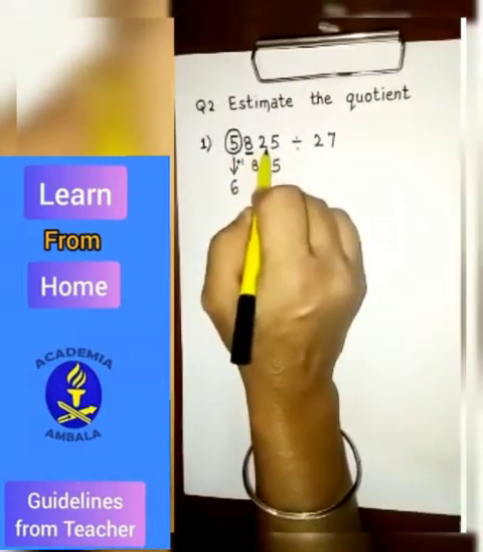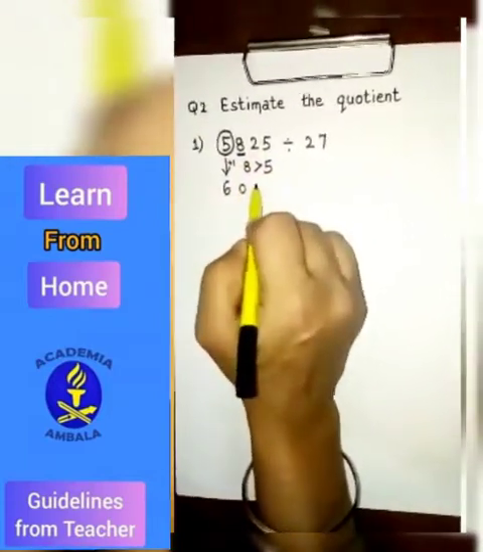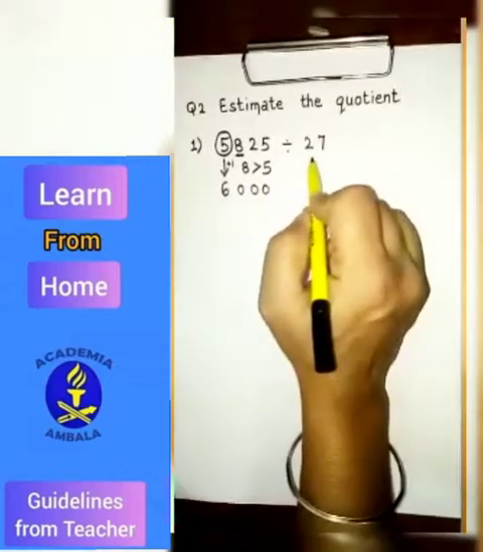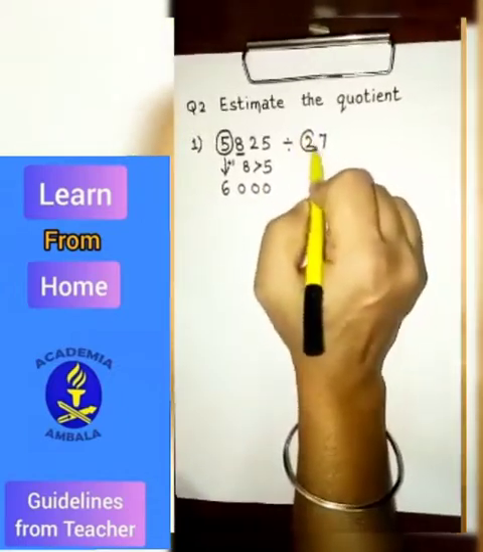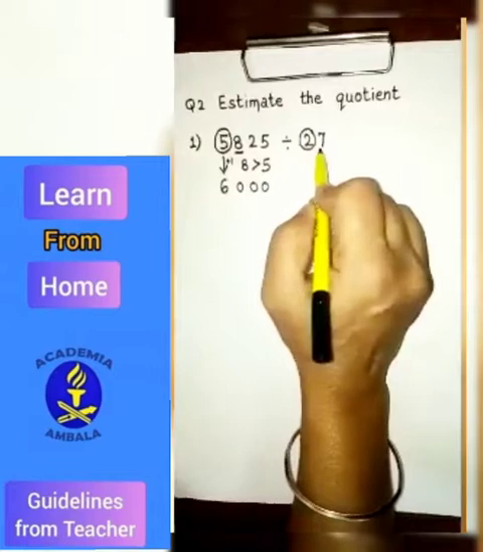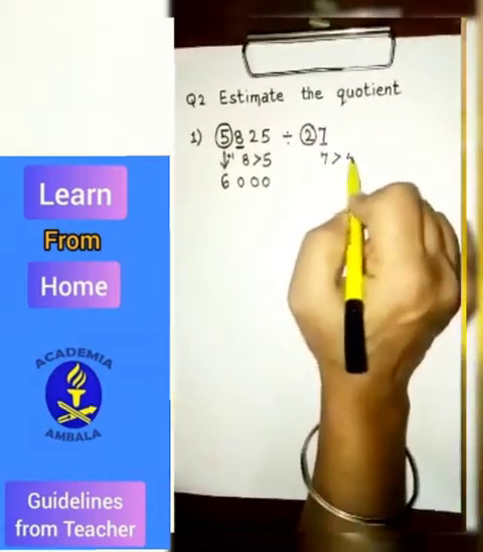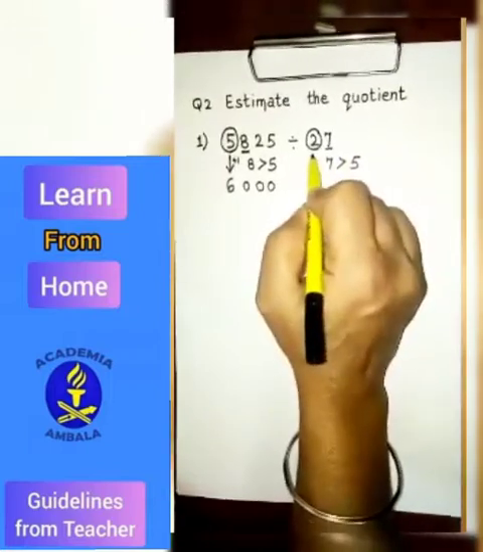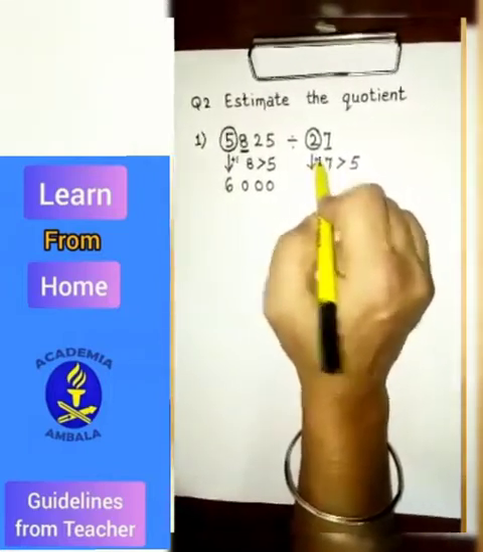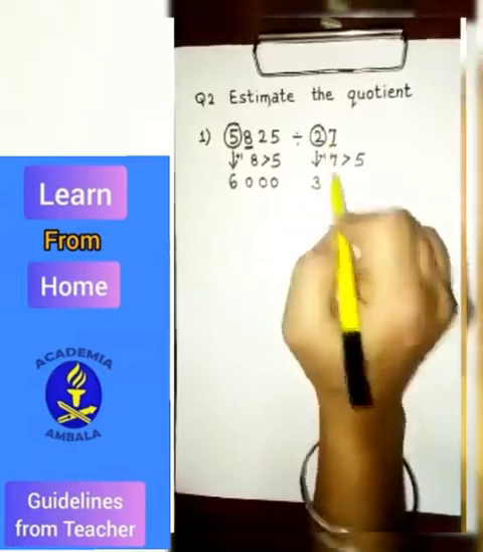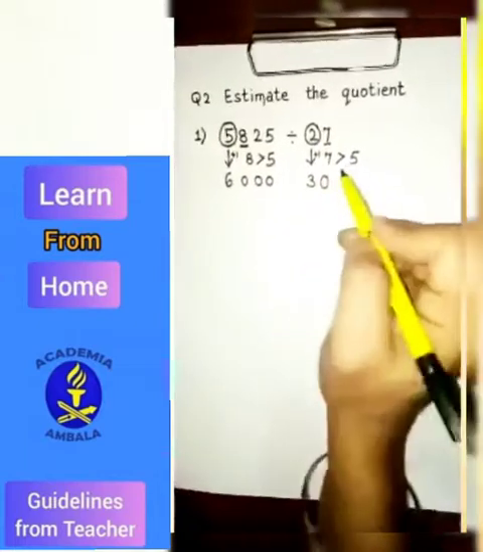Rest of the digits, they will be converted to 0. And over here the first digit is 2 and the next digit to it is 7. And 7 is again bigger than 5. So you are going to add 1 in this. So it becomes 3.